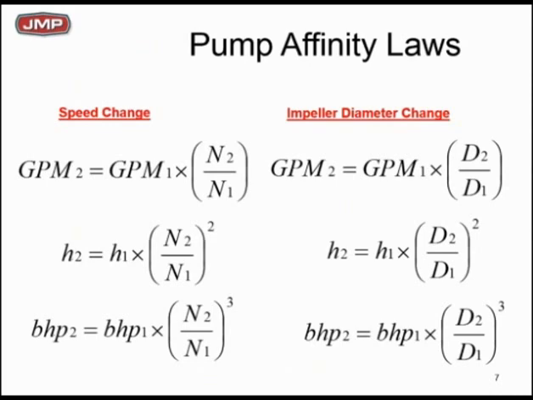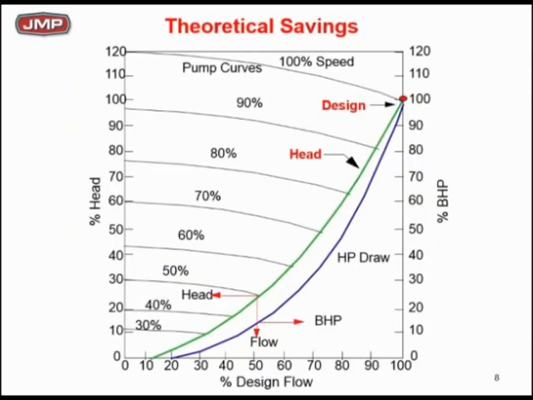In other words, I can trim a pump impeller, or I can vary the pump speed and do the same thing. So a lot of people say that a variable speed drive is really a pump impeller trimmer. And they kind of look at it that way, because if you look at the laws, hopefully you recognize you're getting the same result. So let's just keep these fundamental things in line and see where we're going.